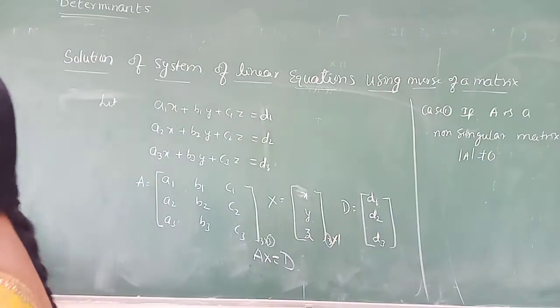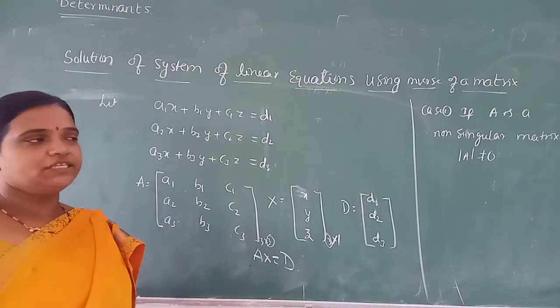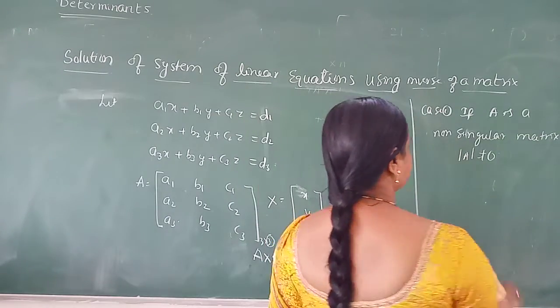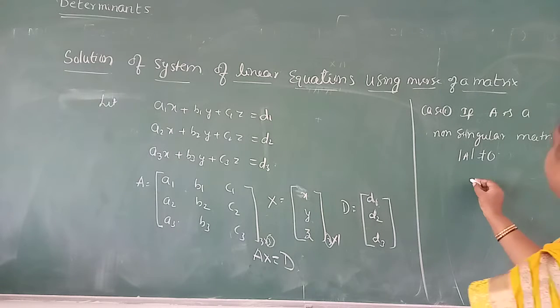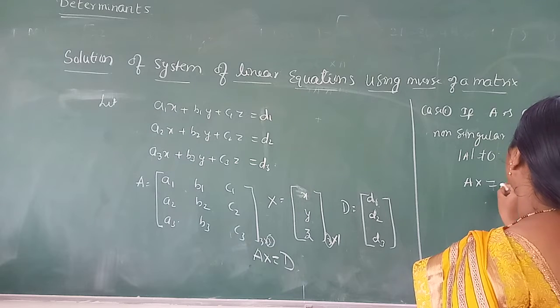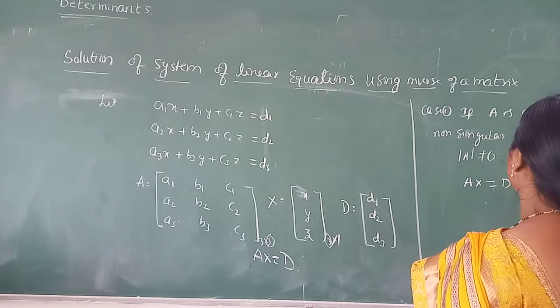If determinant of A equal to 0, we say that it is singular. Determinant of A not equal to 0, we say that it is a non-singular matrix. If it is a non-singular matrix, we know that the inverse matrix exists. For that, we are using AX equal to D. This is equation 1.